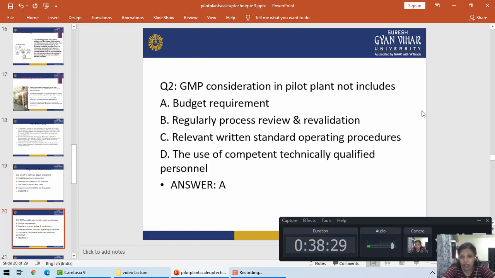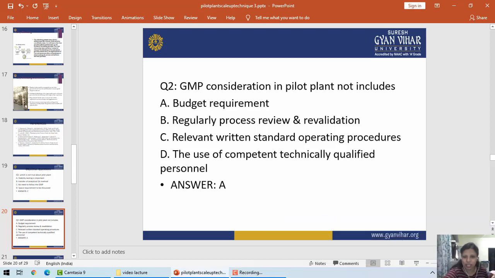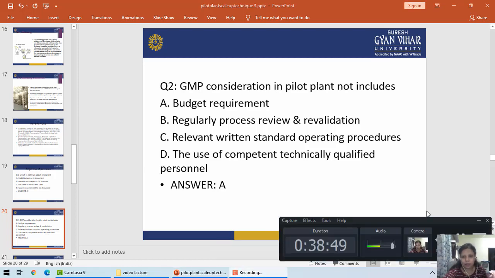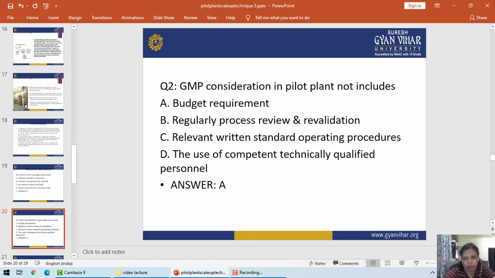Next: GMP consideration in pilot plant not included: budget requirement, regular process review and revalidation, relevant written standard operating procedures, the use of competent technically qualified personnel. The answer A is correct, that is budget requirement. Budget requirement is not included in this.